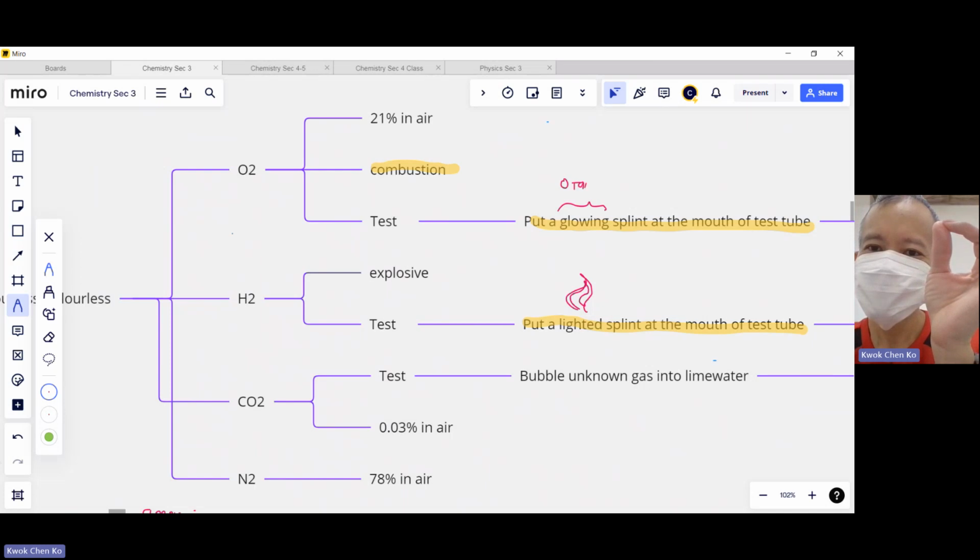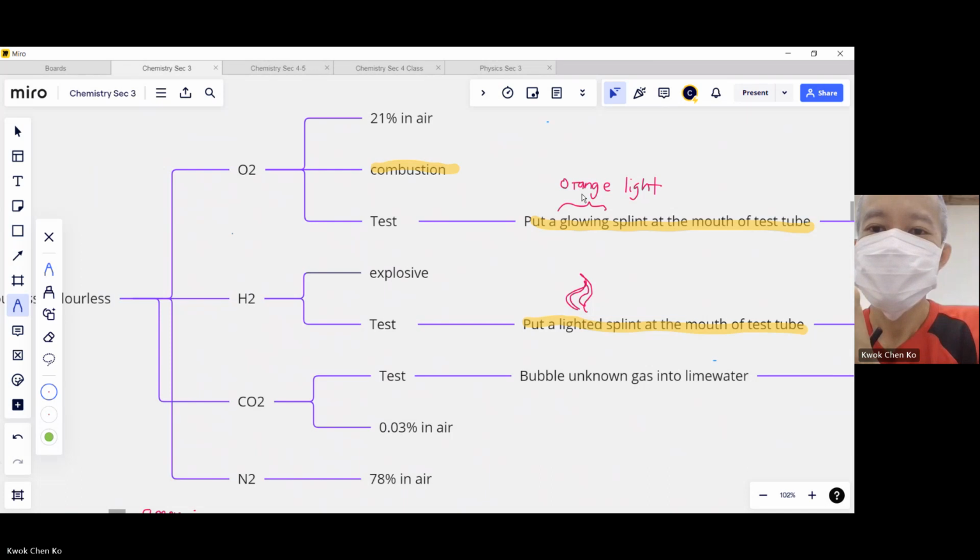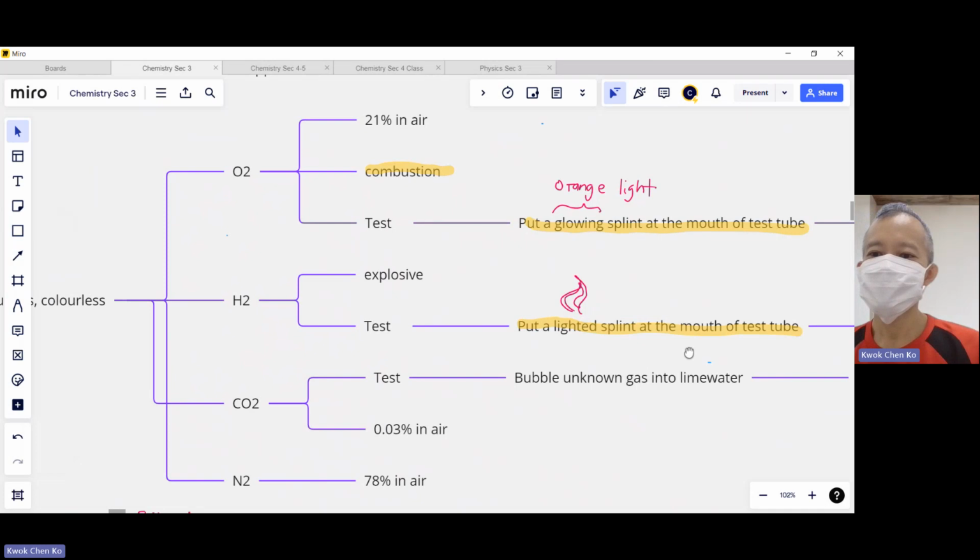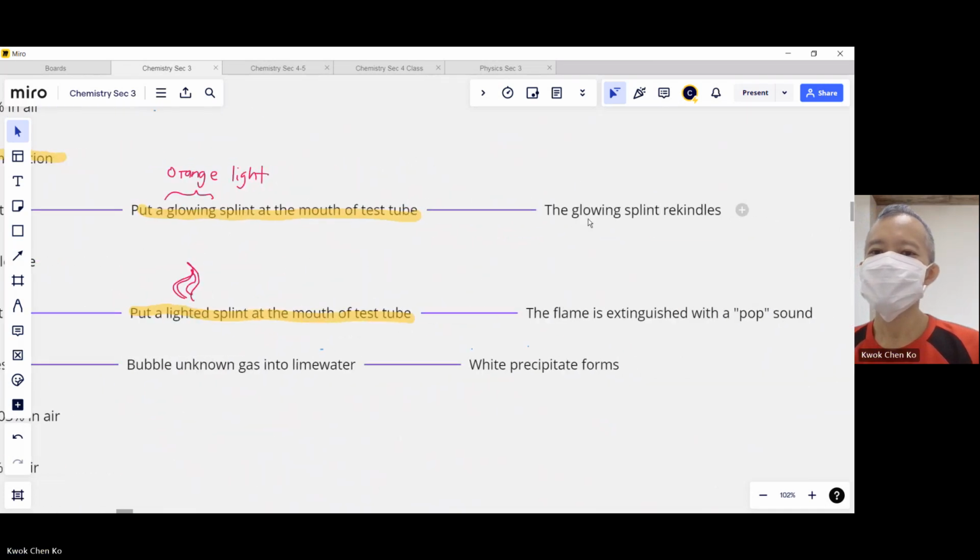You see the orange light at the end? But of course you don't use the words flame or orange light. So use the proper terms, glowing versus lighted. Okay, so this one you're right. Extinguished with a pop sound. That is the model answer. This is the model answer for oxygen.